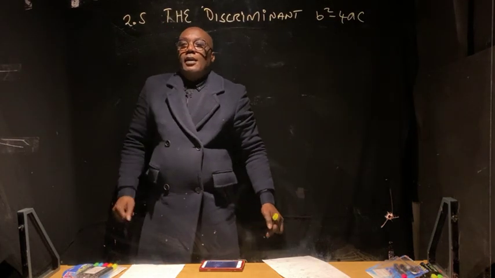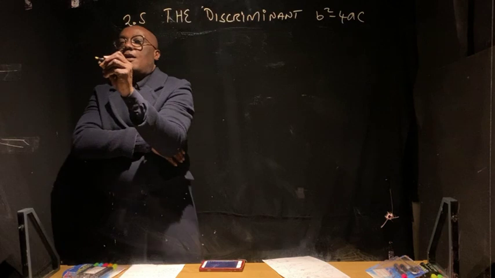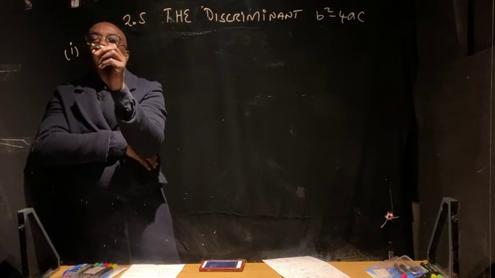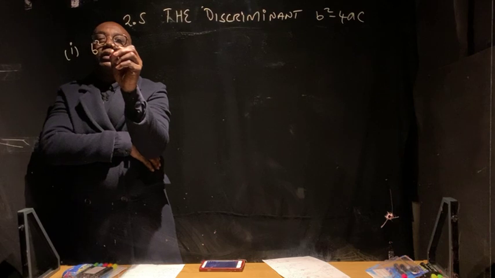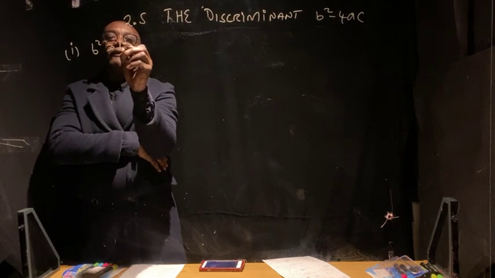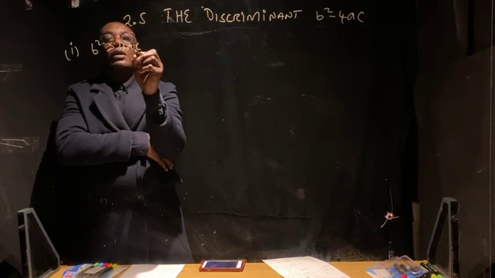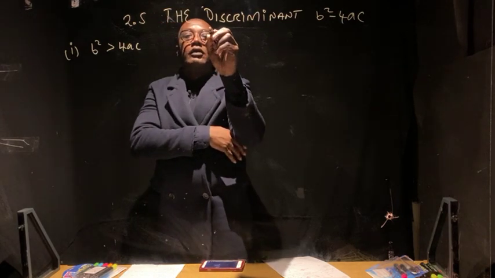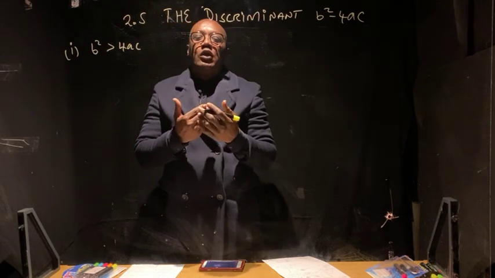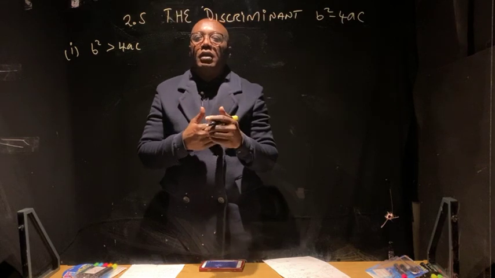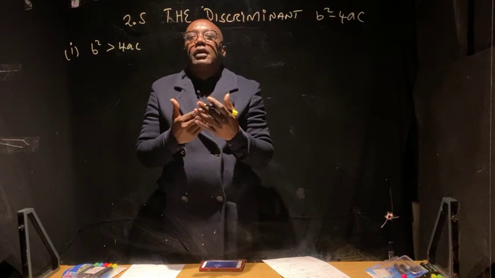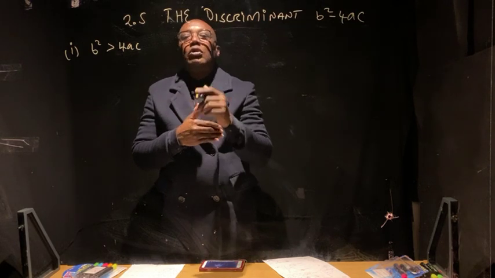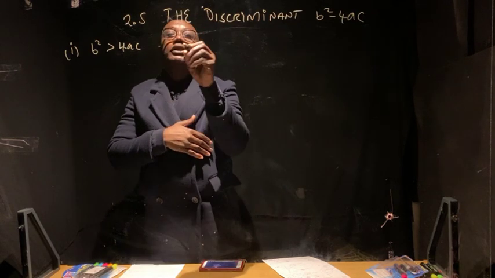Okay, let's continue. The first one, we say that b squared is greater than 4ac. Now, this is how the graph will look. For instance, this is what I call a first estimate. Not exactly, but this is how it should look under this condition.